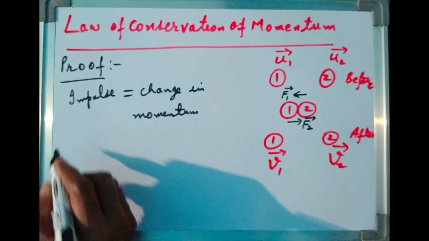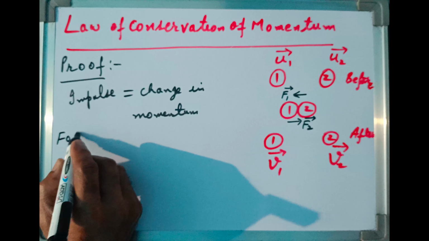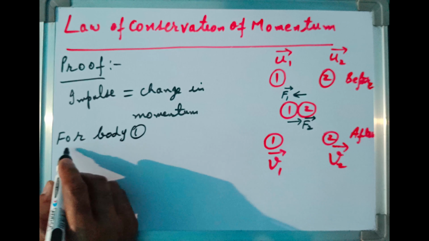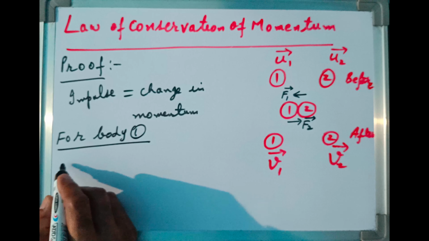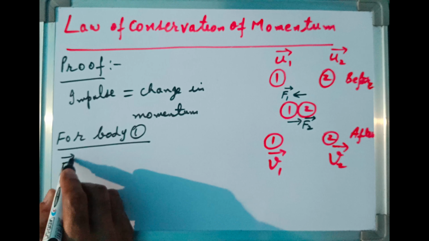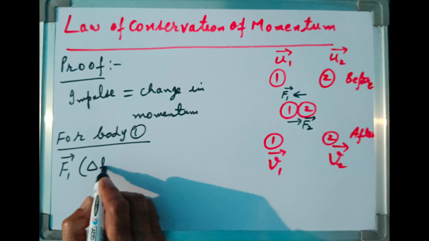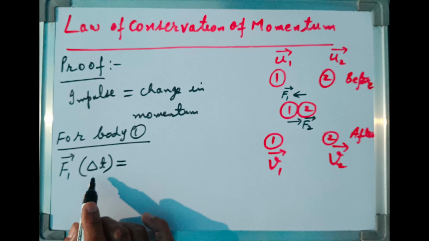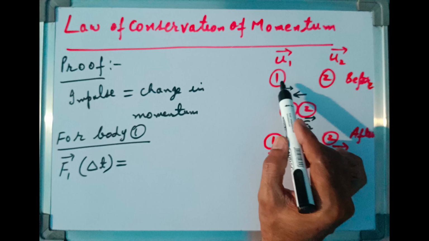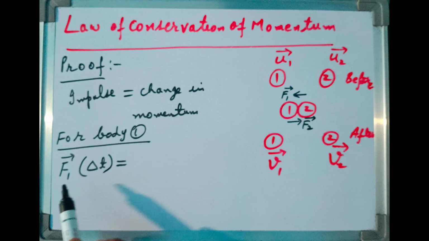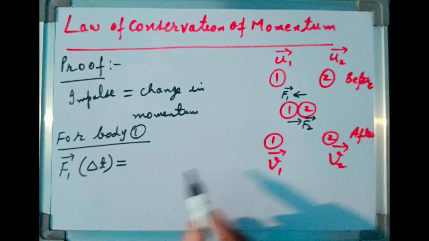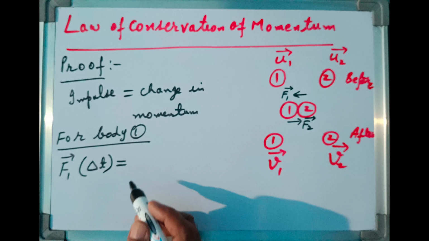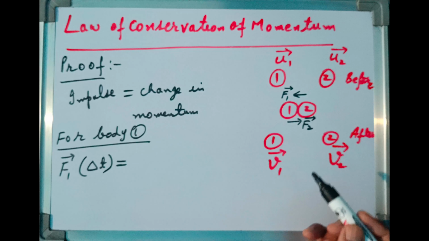So using this for body 1, I can write F1 vector multiplied with delta t, which is nothing but the impulse acting on the first body due to force F1 for the time of collision, that is delta t, force into time interval, equal to change in momentum.